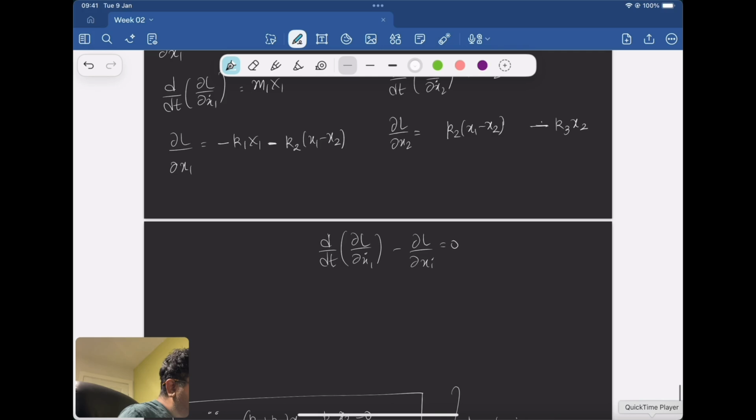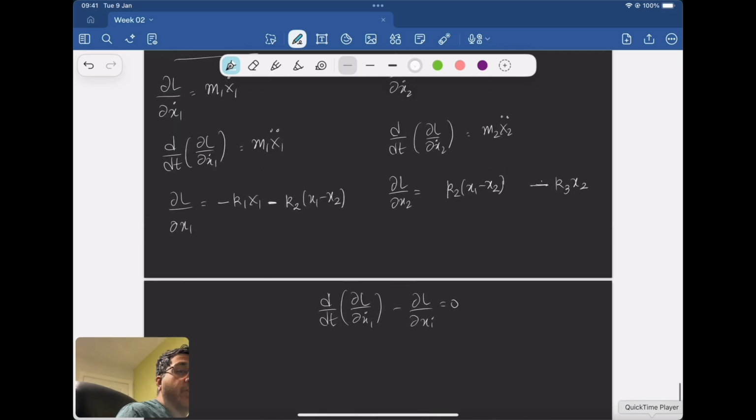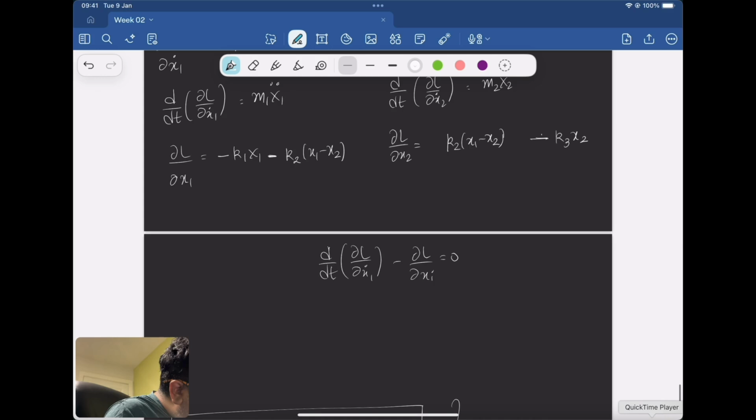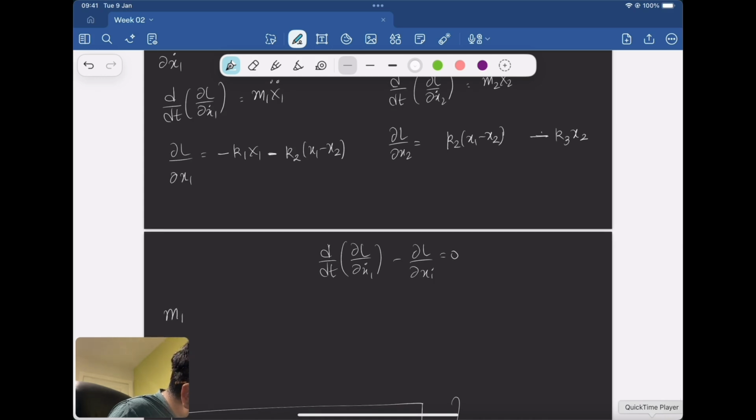So let me try to collate all these terms. If I bring all of them back here, then I can write my equation of motion for mass m1 as m1 x1 double dot plus k1 into x1 plus k2 into (x1 minus x2) equal to 0. Similarly, here I have m2 x2 double dot minus k2 into (x1 minus x2) plus k3 into x2 equal to 0.